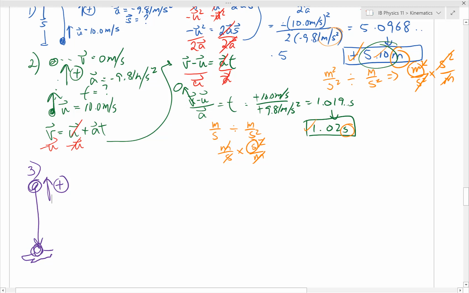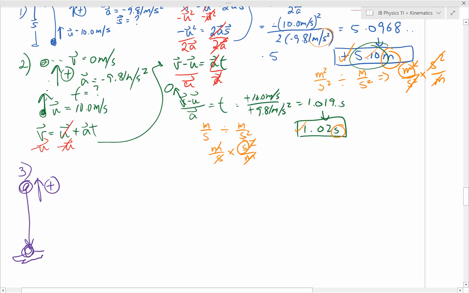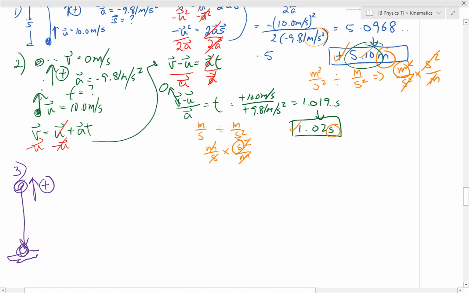Now I'm going to set things up a little bit differently. When the ball comes back down, as it starts at the maximum height, that is going to be my initial position. When it's at the person's hand, that's going to be my final position. So my initial velocity is no longer 10 in this question.